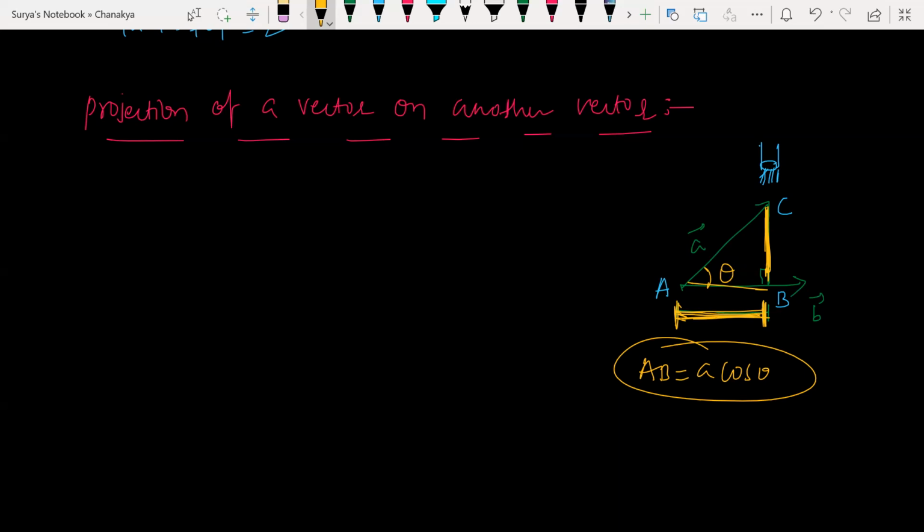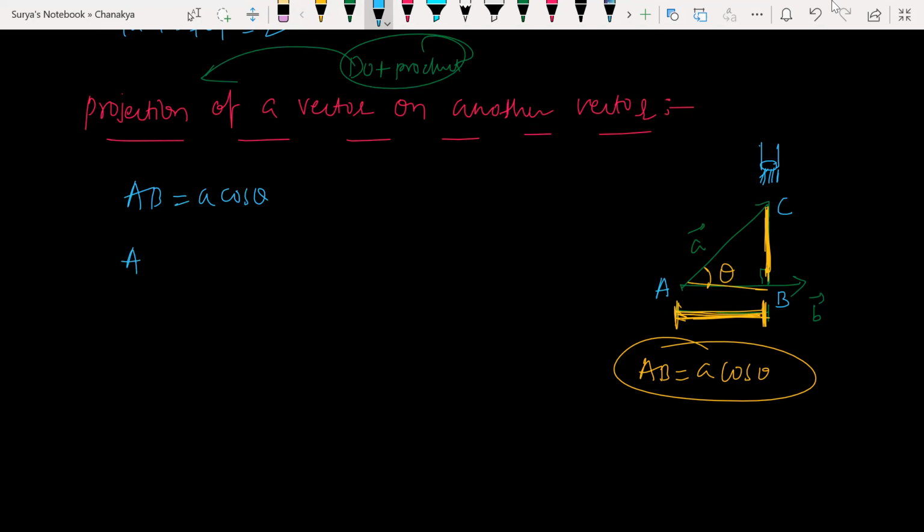Guys, many of you might be thinking, what is the relation between the dot product and projection? What is the reason? Let me tell you. AB is equal to A cos theta, we took.